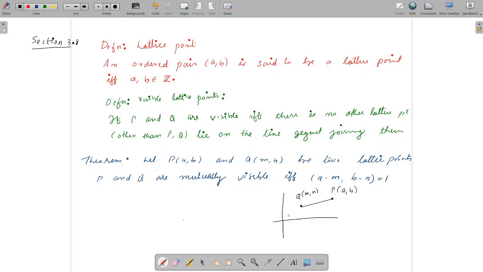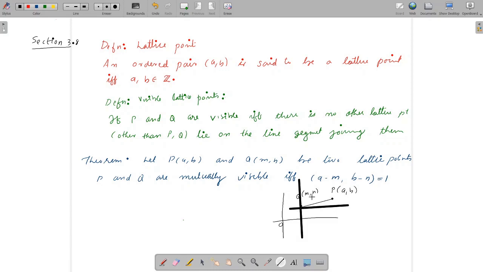Suppose we shifted the origin from this point to this point. Now we can say that this point is visible from origin.